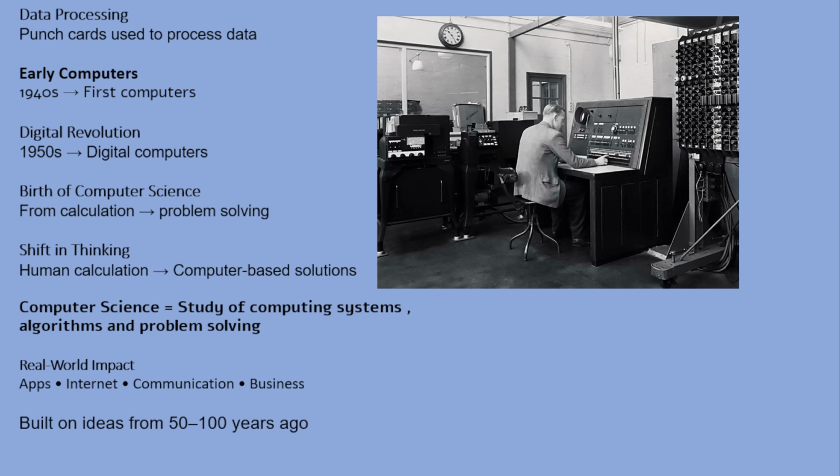The most interesting part is that these ideas were developed decades ago, but they still shape the technology we use today. To truly understand computer science, we must understand where it came from.